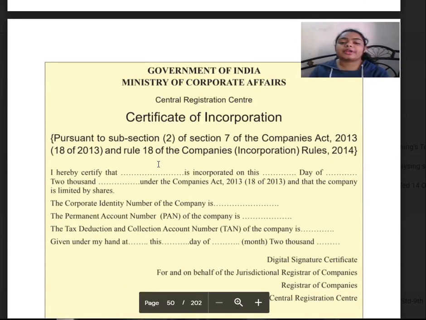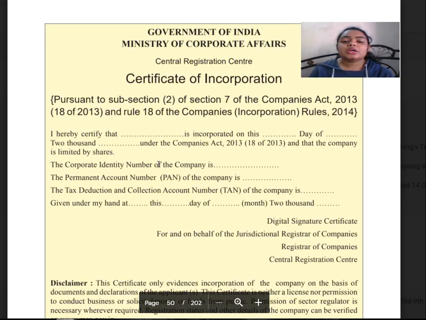This is how the certificate looks, in which it is written Government of India, Ministry of Corporate Affairs, Central Registration Center, Certificate of Incorporation. Then it is certified that this company is incorporated on this day of 20XX, under the Companies Act 2013, and that the company is limited by shares.